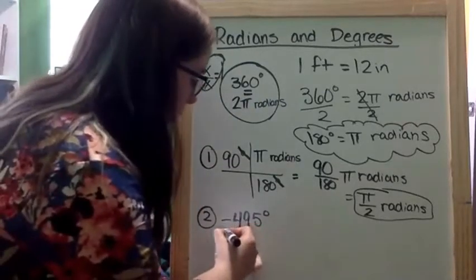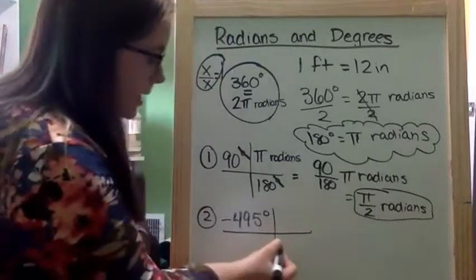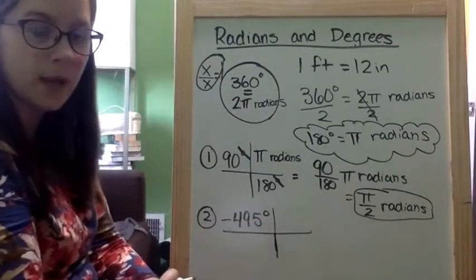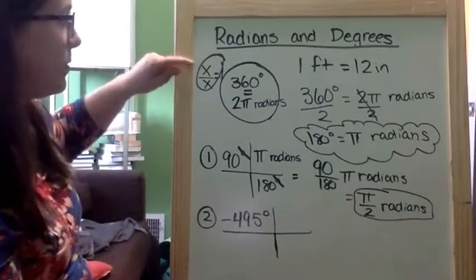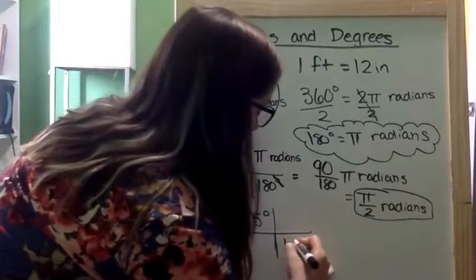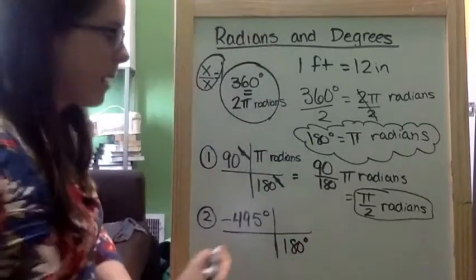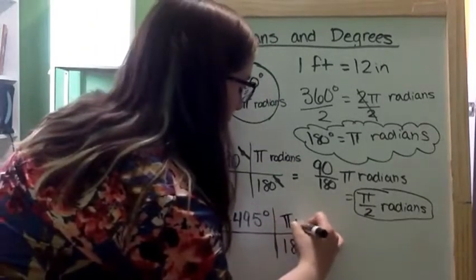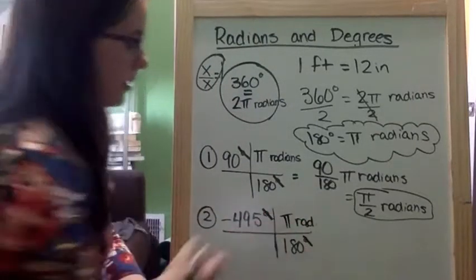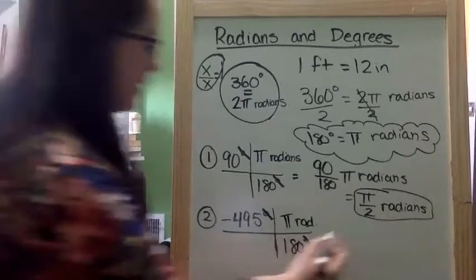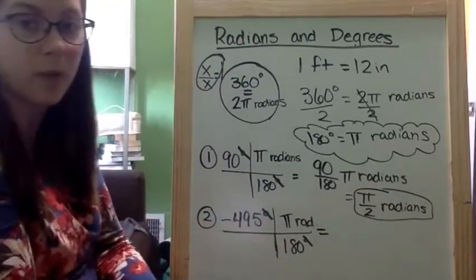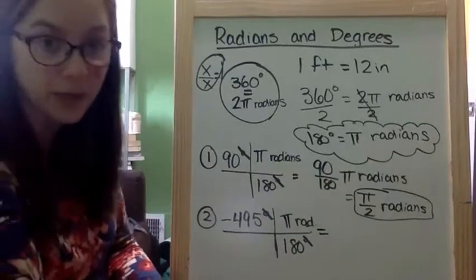I'm still going to work with this the same way with my dimensional analysis. I still want to cancel the degrees, and in order to do that, I have to have something on top and bottom. So I still have my 180 degrees on the bottom and my pi radians on the top. That cancels out my degrees, and then I would do negative 495 divided by 180 as a fraction.